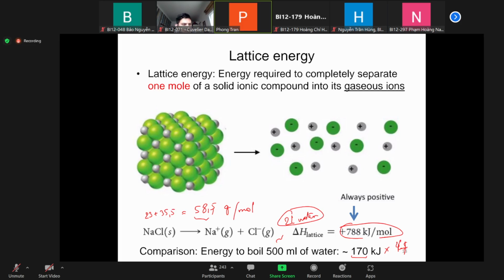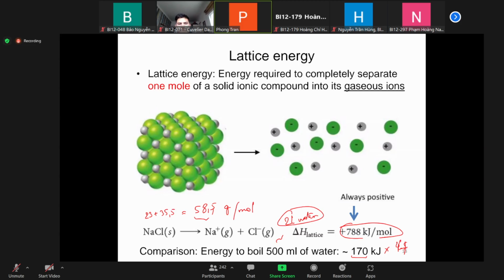So my question is, is there any confusion here? On one side, you say that with 60 grams of sodium chloride, you need to put in a huge amount of energy to break the bonding to make sodium positive charge and chloride negative charge, equal to the amount of energy you need to boil 2 liters of water, a huge amount. A huge amount of electricity, you need to pay money.